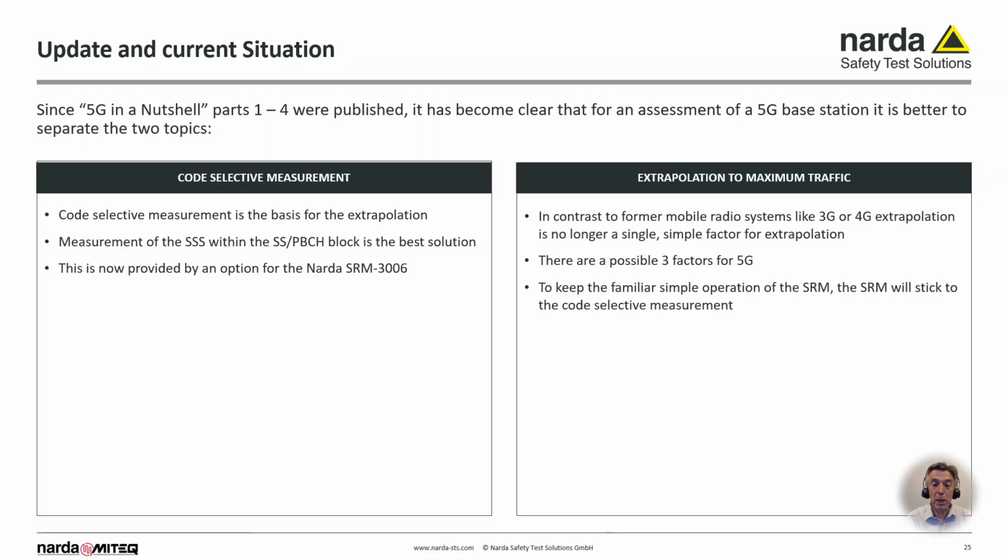So it's becoming much more complicated. And when you're standing out on the road and people are watching what you are doing there, you normally get a little bit nervous. And we said, we don't want you to put those extrapolation factors into the SRM while you do the measurement, because you would do it, I believe, in the wrong way.